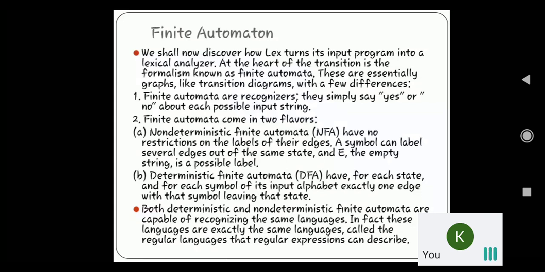So here first we are going to learn NFA, and next we are going to learn DFA. From NFA we construct DFA. From DFA we construct a program, that particular program which acts like your lexical analyzer.